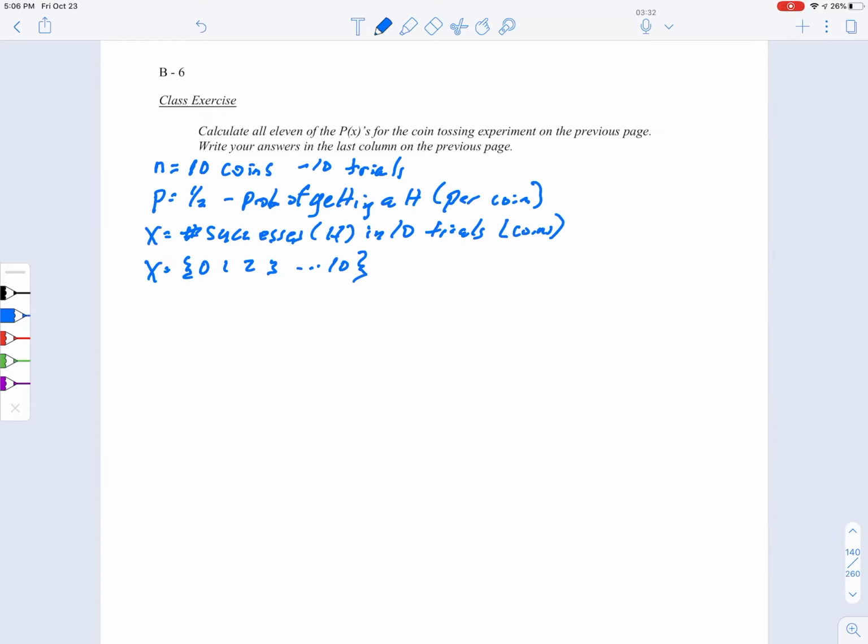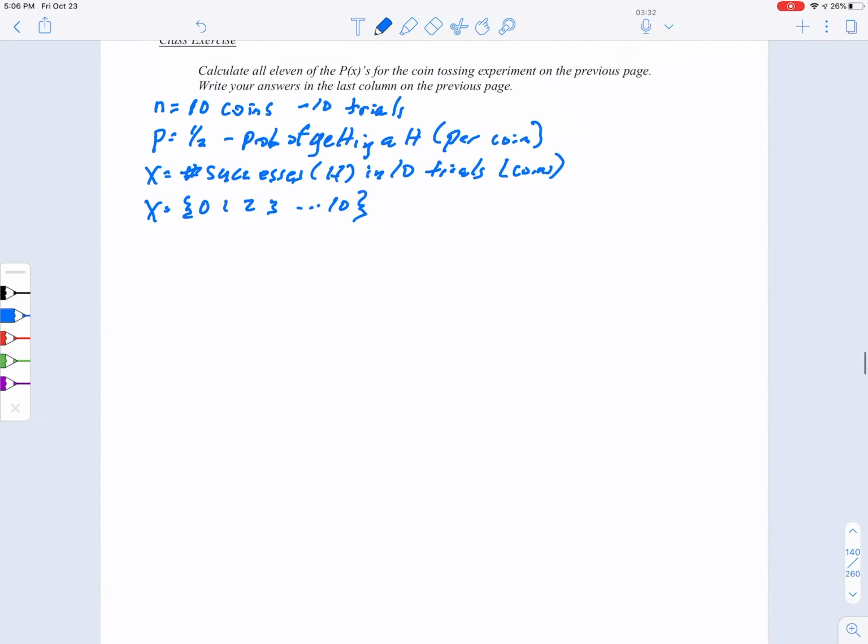So I'm going to do a couple of calculations here, and then we can write them all out. Let's take the probability that X is equal to, let's say, 2 heads. So if you flipped 10 coins, what's the probability that you got 2 heads and 8 tails? Well, the formula that we have here is n choose x times p to the x power times 1 minus p to the n minus x power.